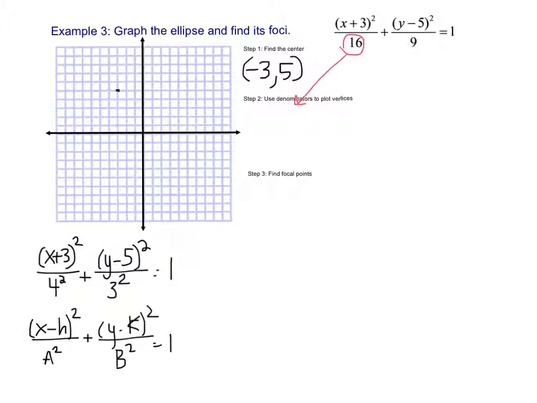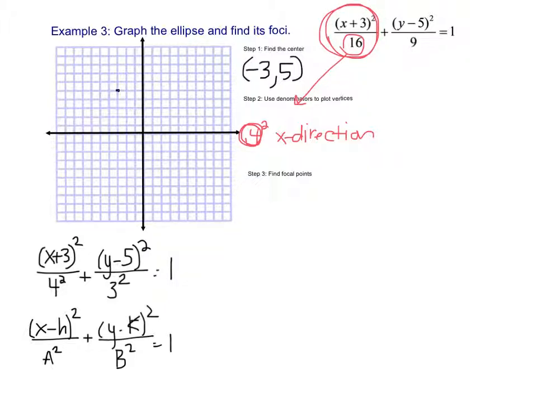That tells you how far to move in either direction in the x direction. If the denominator is 16, or 4 squared, we can use this 4 and move 4 in the x direction.